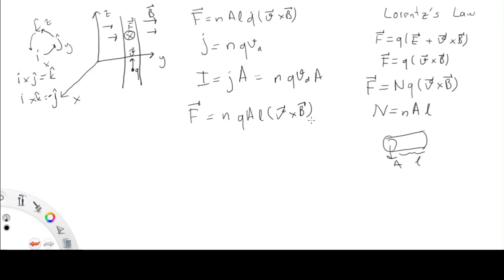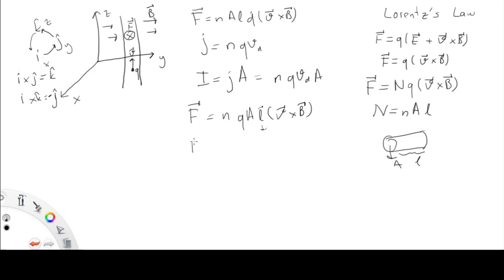The magnetic force can also be described in terms of currents and a displacement vector L, which can be this. And we can replace the displacement vector with drift velocity vector, since the charged particles move along with the wire.